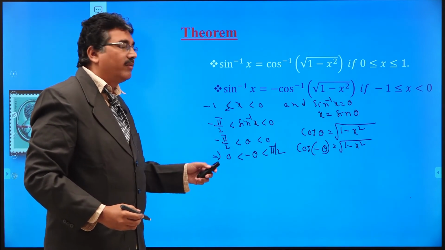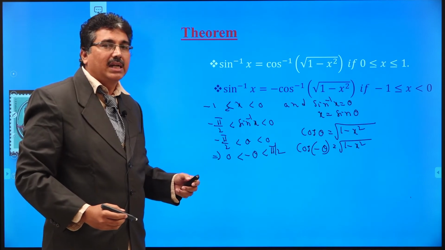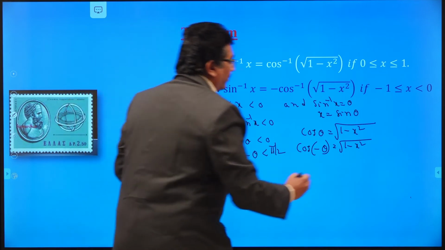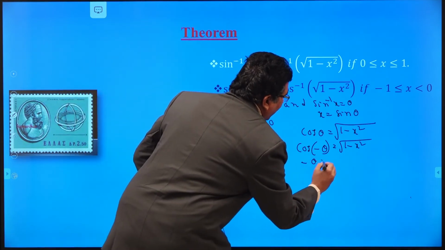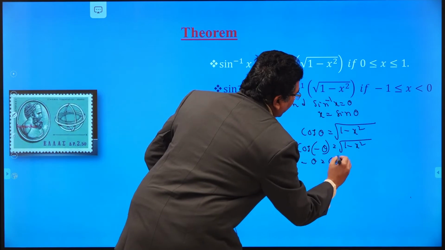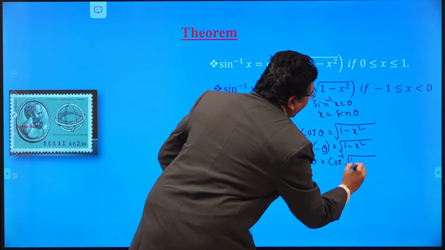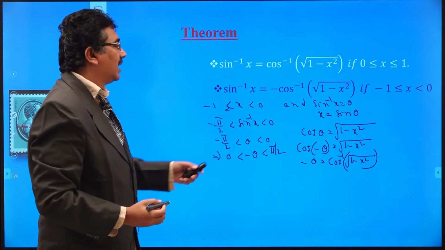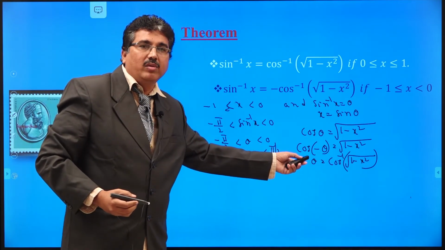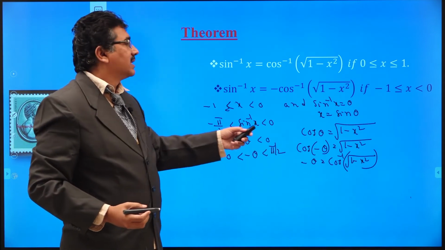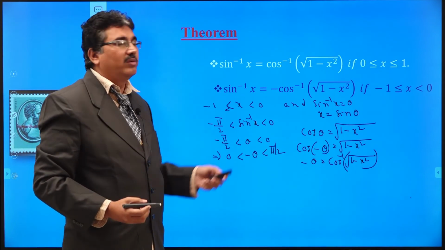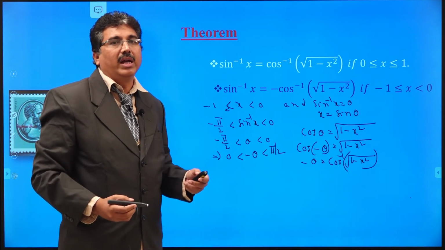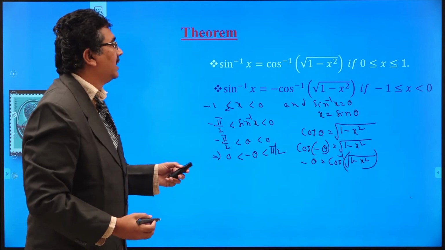By the definition of inverse trigonometric functions, minus theta is equal to cos inverse of square root of 1 minus x square. Here theta is equal to sin inverse x. Therefore, sin inverse x is equal to minus cos inverse of root of 1 minus x square.